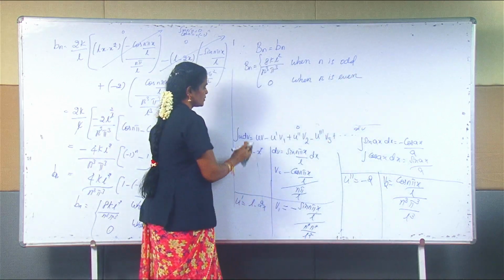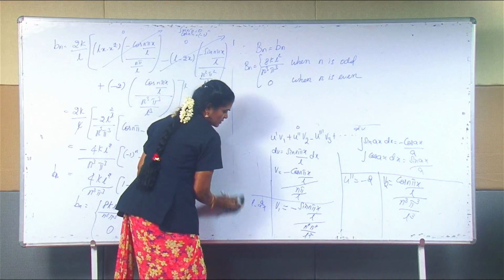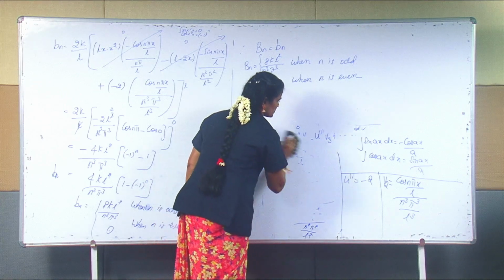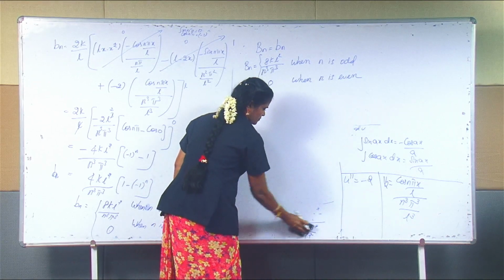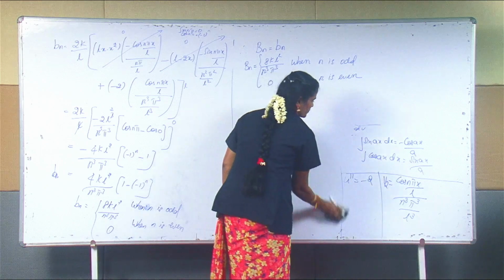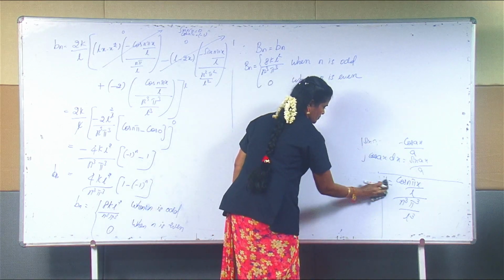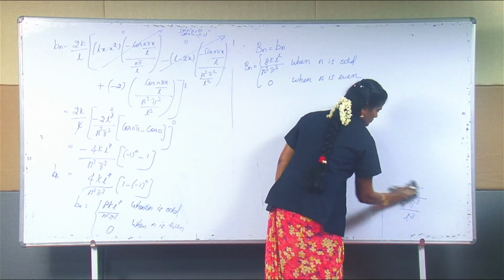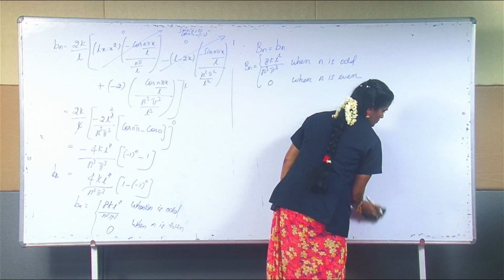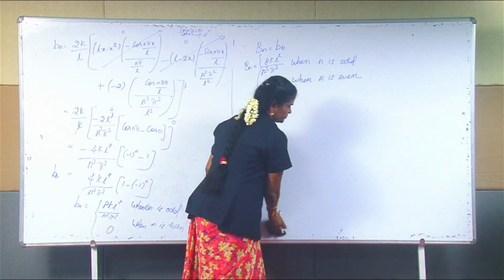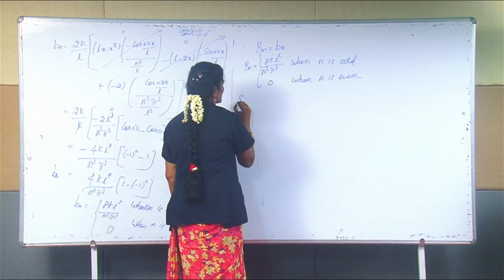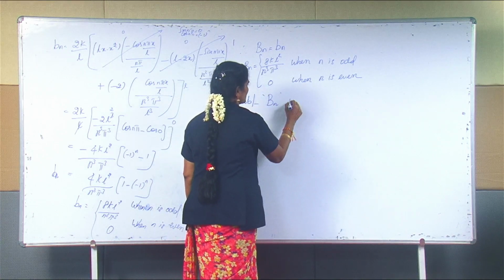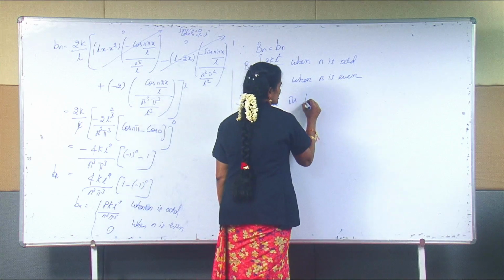Now, substitute your Bn value in the most general solution.